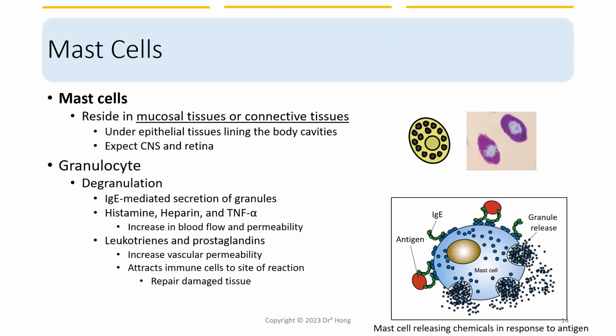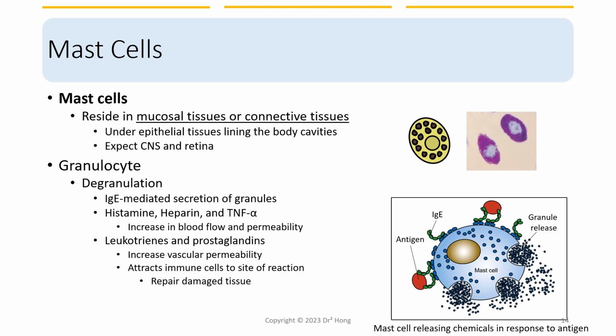So in the last slide, we mentioned mast cells, eosinophils, and basophils. Now let's look at each cell type more specifically. The mast cells reside in mucosal and epithelial tissues lining the body surface, present in all vascularized tissues except the CNS and retina. They serve to maintain tissue integrity, alert the immune system to local trauma and infection, and facilitate the repair of damage.